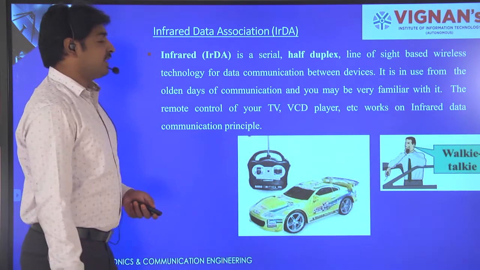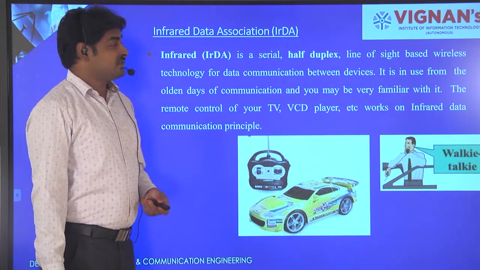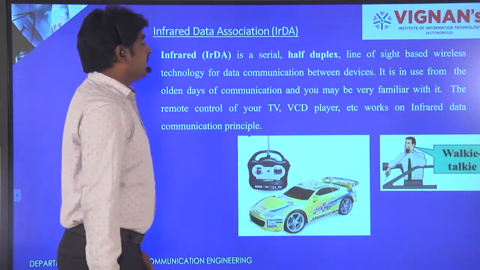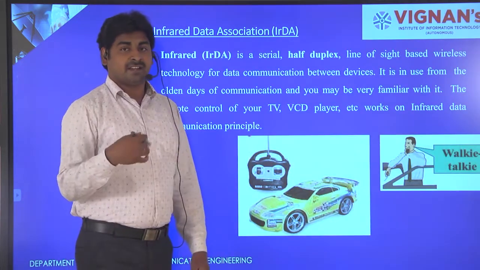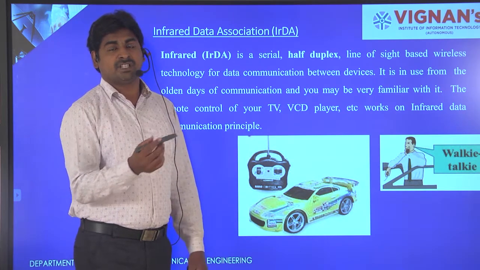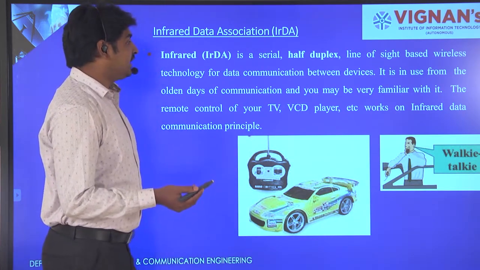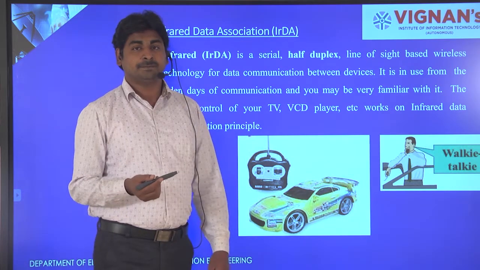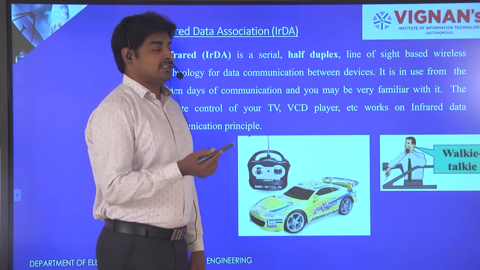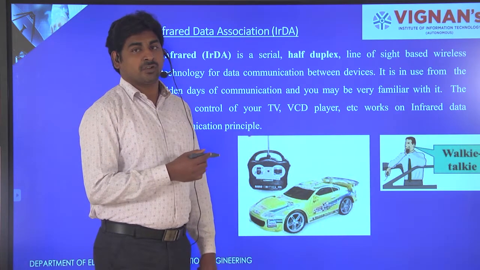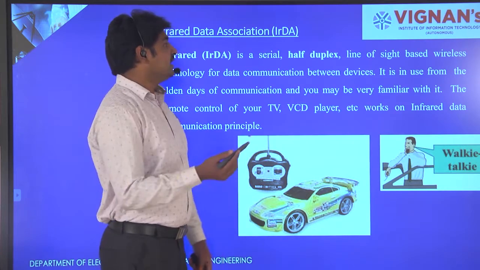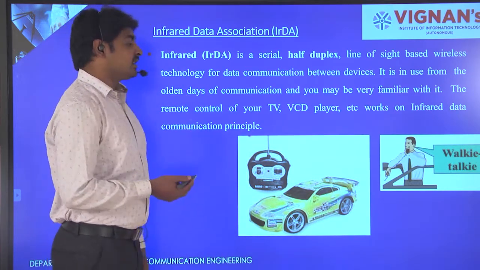Now this infrared is a serial communication interface and it is half duplex, which means it can either transfer or it can receive. Both cannot be done simultaneously, and moreover it uses the concept of line of sight. So the devices the IR wants to communicate with should be in line of sight with the IR controller.